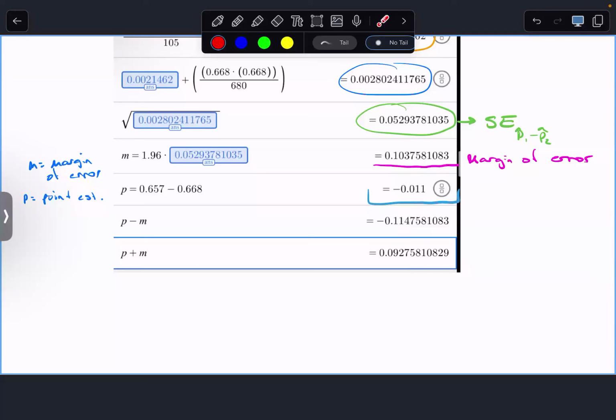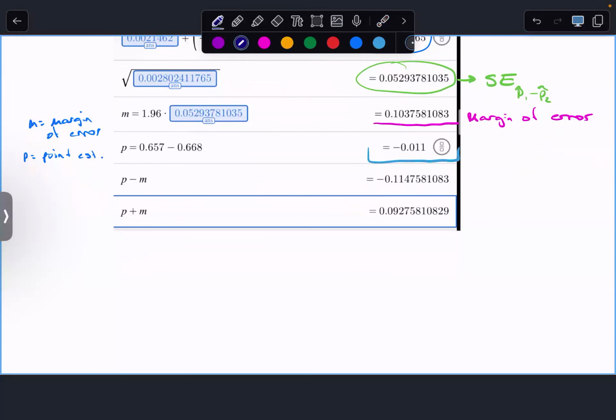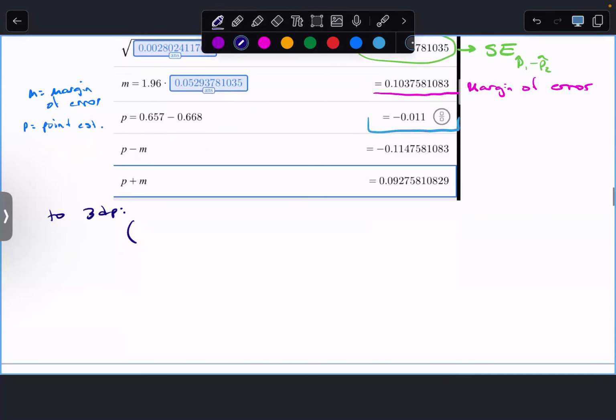And my upper bound is 0.093. So then I find this interval, to 3 decimal places, from negative 0.115 up to 0.093.